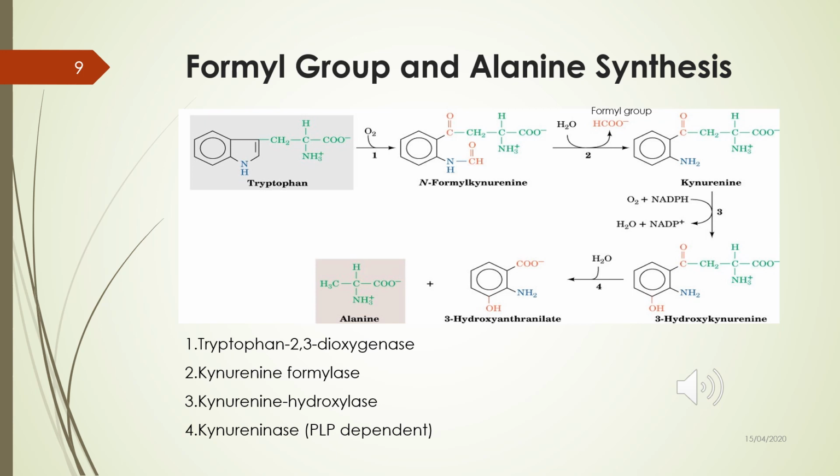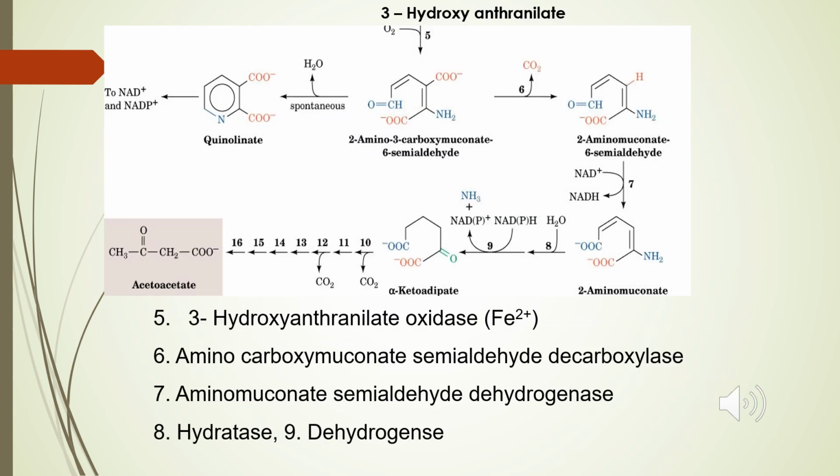Alanine is a glucogenic intermediate. 3-hydroxyanthranilate can undergo two types of reactions, but the major pathway is to convert to acetoacetyl-CoA, which is a ketogenic intermediate. Only 3% of 3-hydroxyanthranilate gets converted into NAD+ and NADP+. So these are the specialized products obtained from tryptophan by the kynurenine pathway.